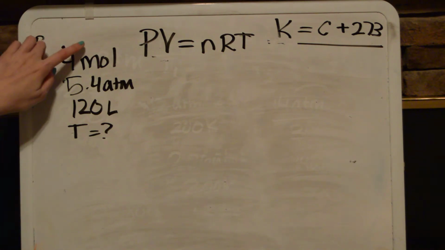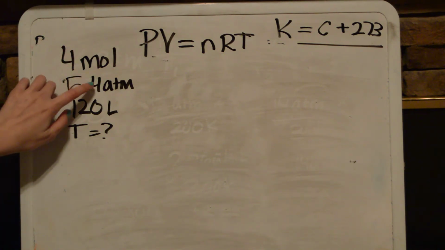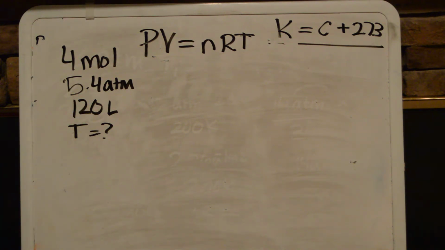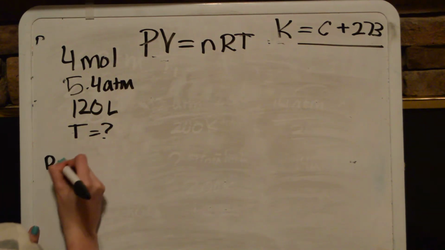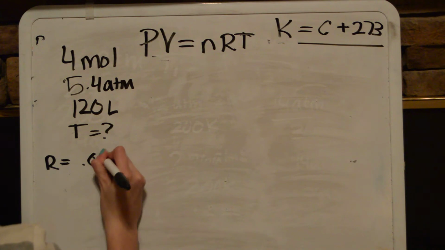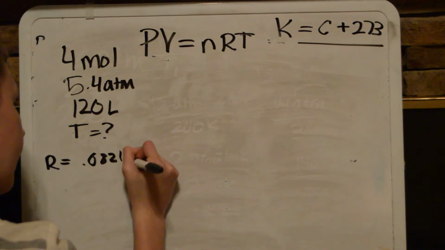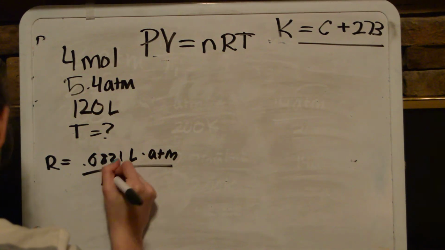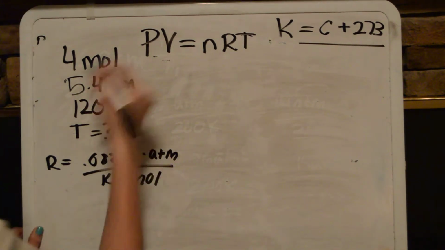Now, you look at the units of your variables, and that determines what constant you're going to use. The constant we're going to use today is 0.0821 L times atm divided by K times mole, because those are the units we have.